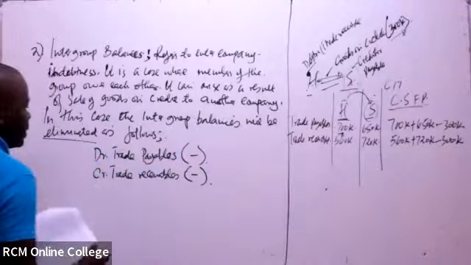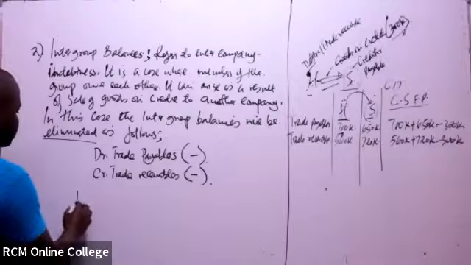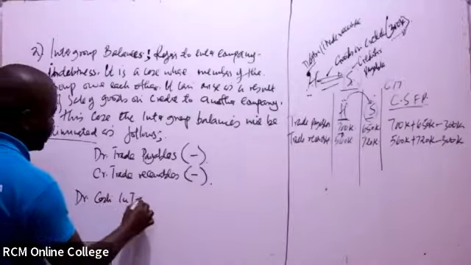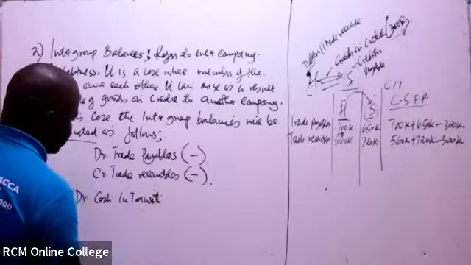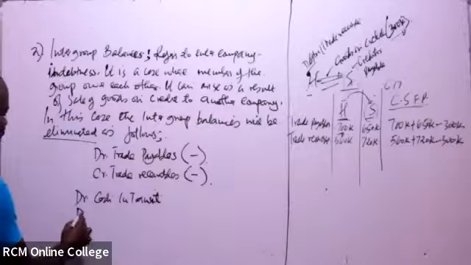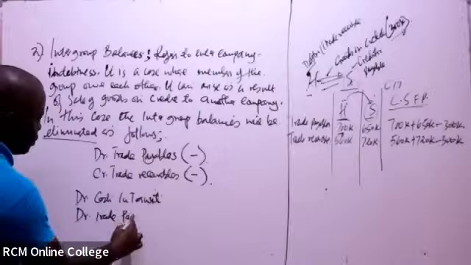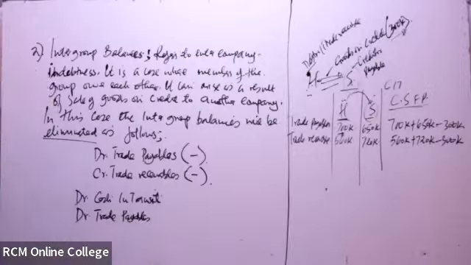So what will happen here? You'll debit the cash in transit. You'll create a cash in transit account. Then you also debit the trade payables with the amount that is still owing.